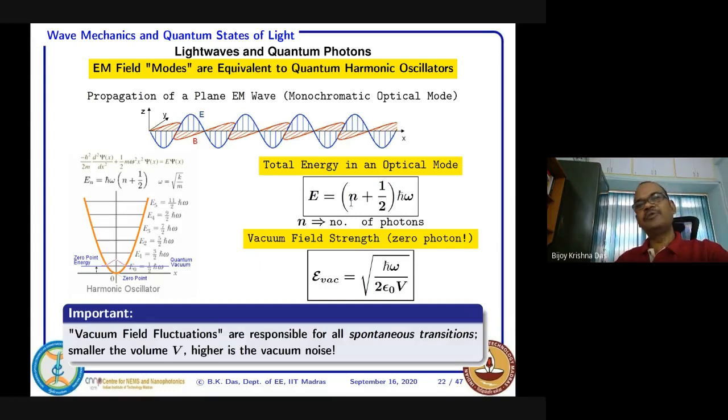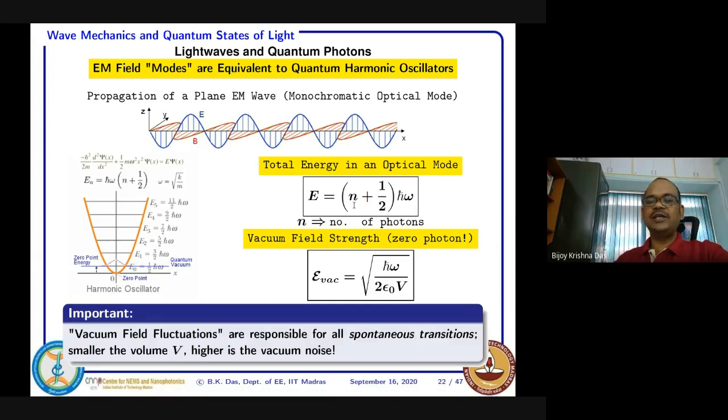So suppose you have some kind of tool to take out the photons one after another. Suppose n is, for example, 1000 photons. All are the same frequency in the cavity. Now we have some tool that can pick out photons one after another. So you are picking all the photons out of the cavity. 1000 photons you have taken out. Then what is there? There will be 0 photons.